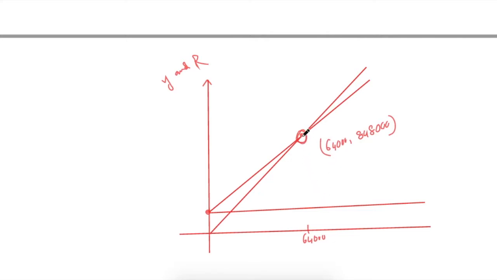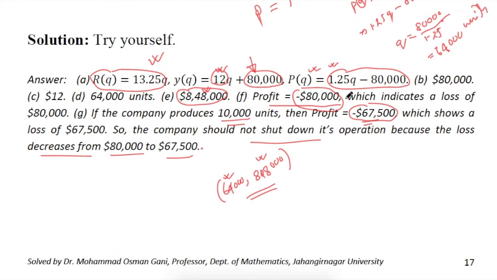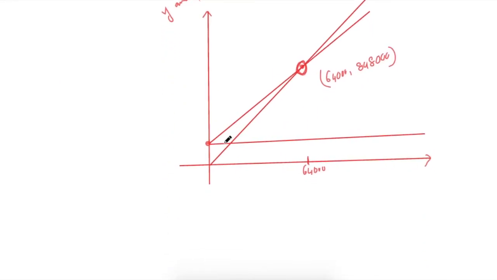So you first identify the break-even quantity 64,000, then just consider a point in this area and put the coordinate of the point. Then you should check where the cost line initiates. The cost line initiates from 80,000, since the y-intercept is 80,000. So this is the coordinate of this point, and the revenue line will start from the origin.